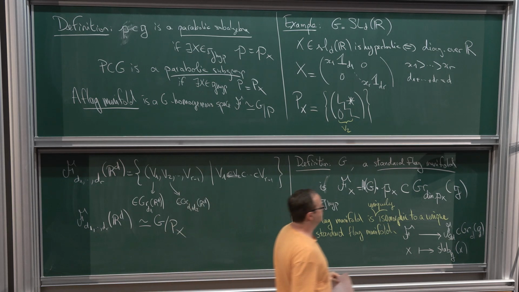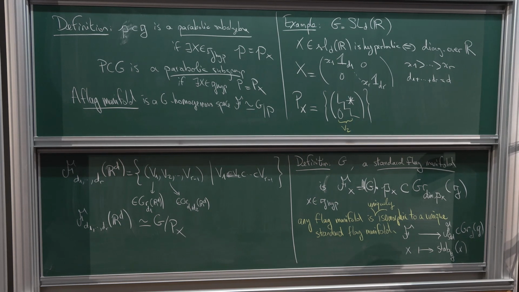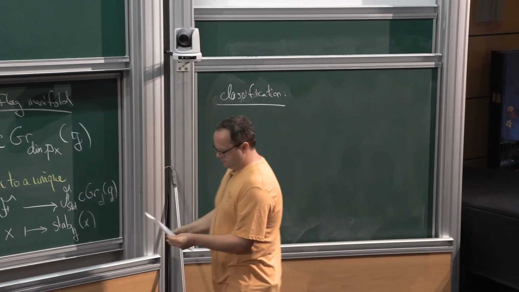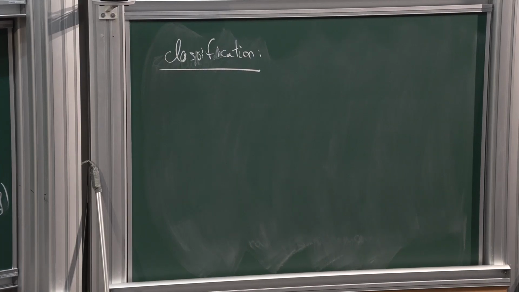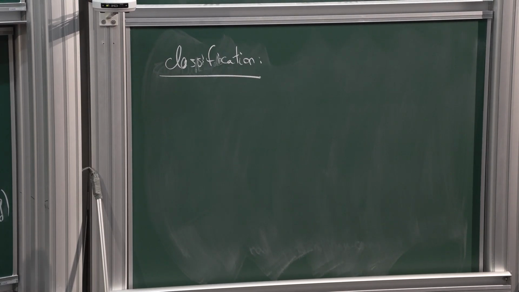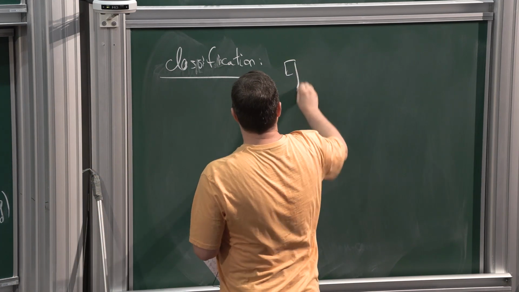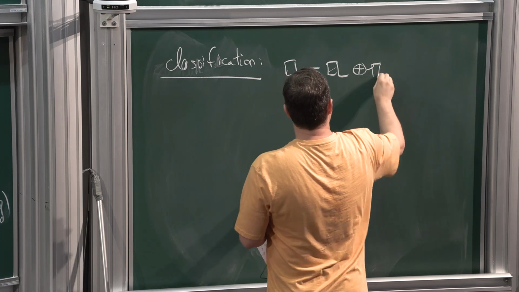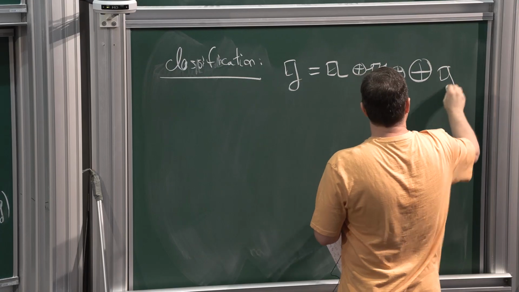And so maybe what will clarify things is when you talk about this classification, right? Because the usual way of defining standard things when it comes to parabolic subgroups of algebras is to use a restricted root space decomposition here. So here I'll just get my G, decompose it as some A plus M plus some of some G alphas.